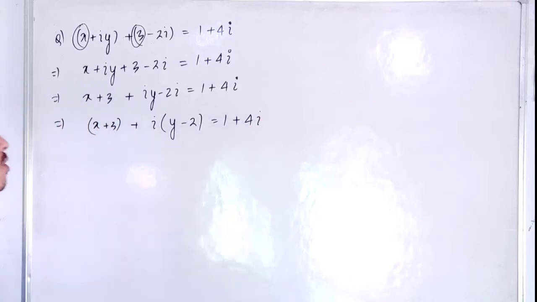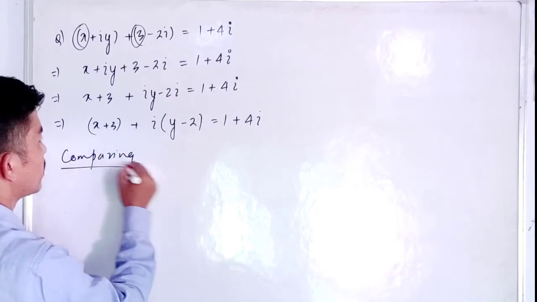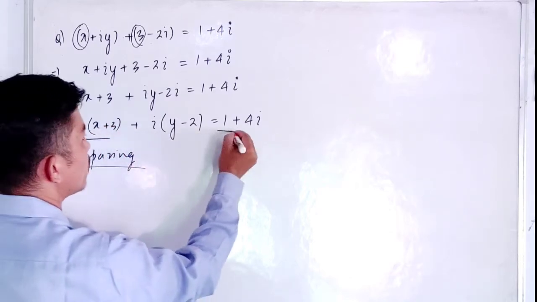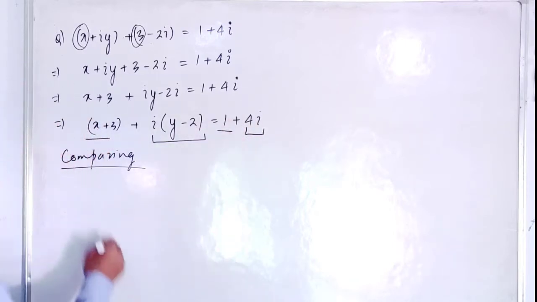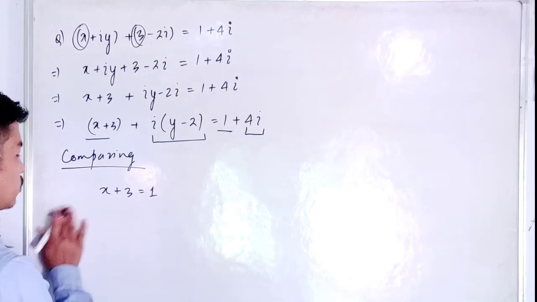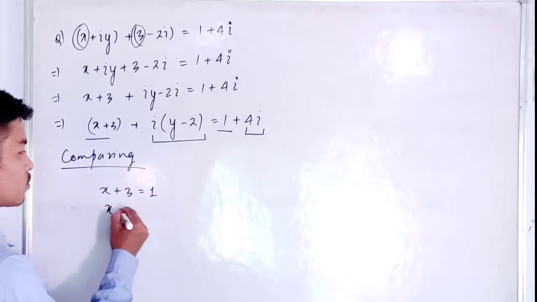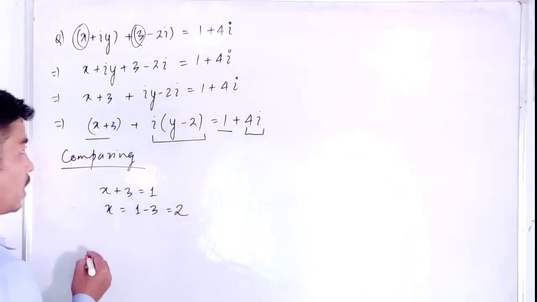Now to get the value of x and y, what will I do? I will simply compare. What to compare here? The real part is compared with the real part, and the imaginary part is compared with the imaginary part. So I get x plus 3 equals 1, and from there I can get the value of x. So x equals 1 minus 3, that is minus 2.